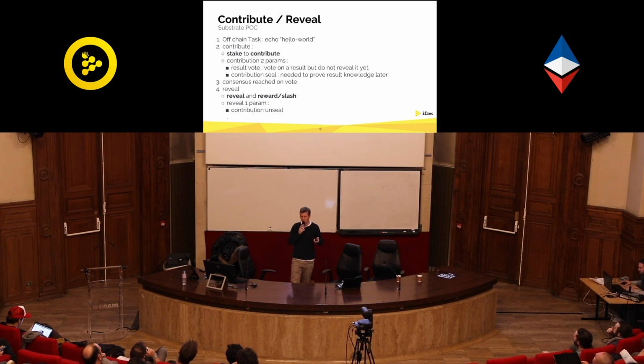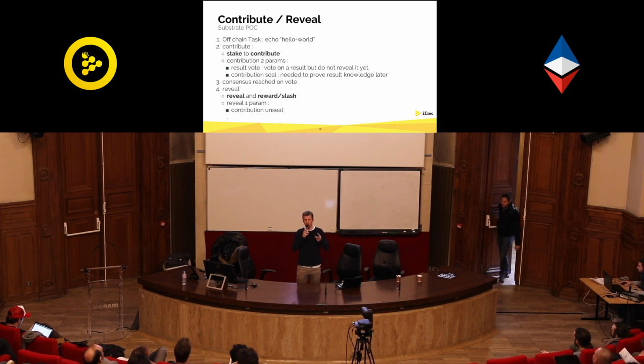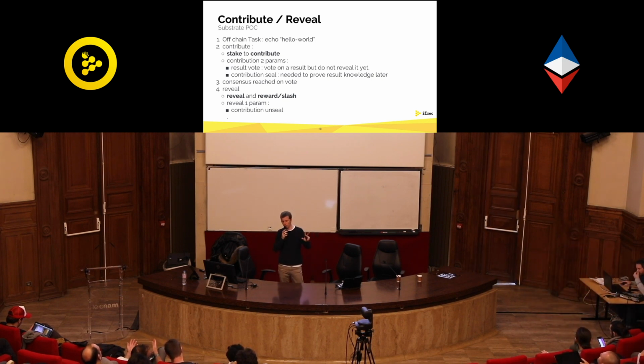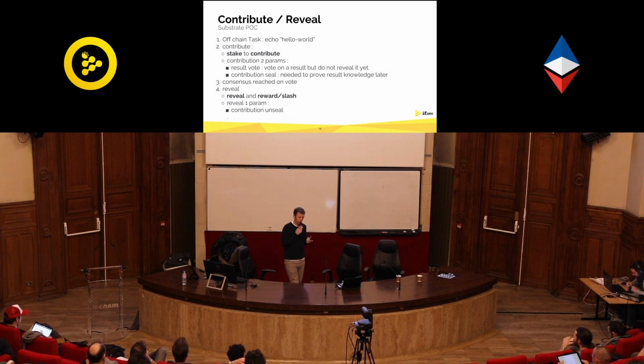If you have an off-chain task, the workers have to do two calls. The first call is what we call contribute. That means when you contribute, you have to stake. And for the contribution, you have only two parameters. The first parameter is your result vote. That means that at some point, many workers will come and vote, and at the end, there will be a consensus on the result. So this is the first part, the vote on the contribution.